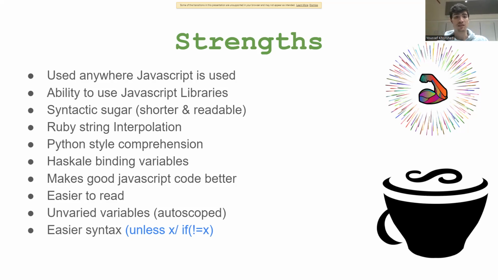And it's also easier to read due to the Python indentations. It also has unvaried autoscope variables and easier syntax, just as the example states in blue. For example, in CoffeeScript, you use unless x, not if x not equal x, if whatever variable is not equal x.